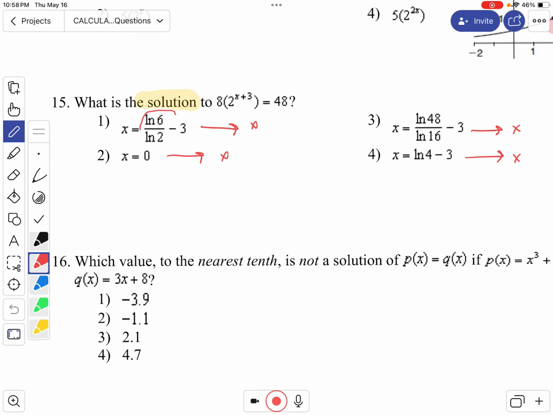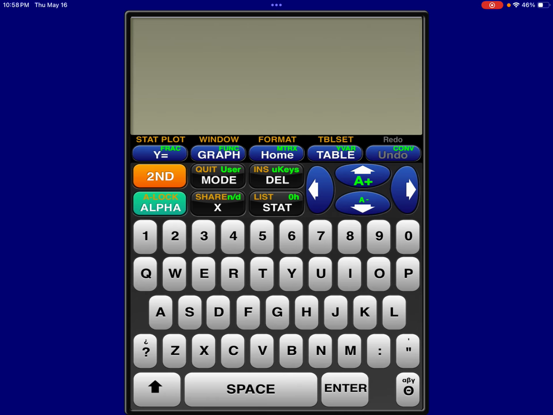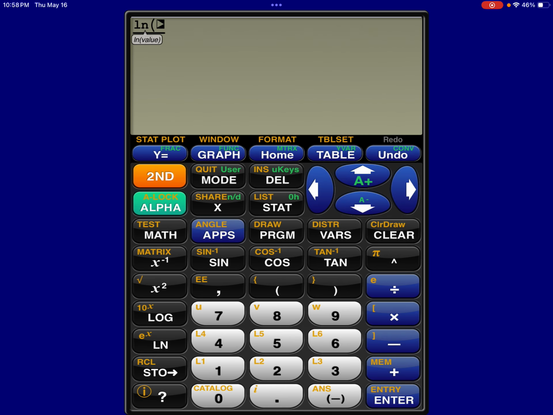The first one I'm going to store is ln 6 over ln 2. The ln is right underneath the log button. So ln 6 over ln 2, and then minus 3. I'm going to store this in for x.